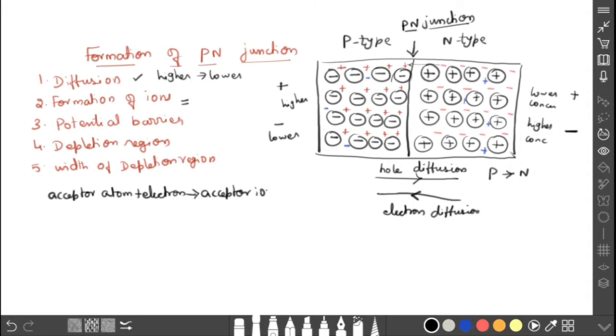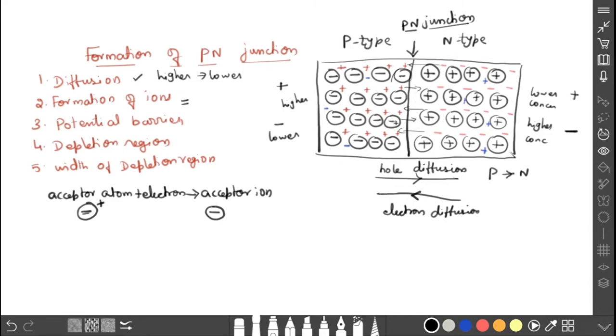Acceptor ion. So what is that acceptor ion? Ion means without holes, because the electrons are already combined. Acceptor atom means we have to draw the negative symbol with holes, but acceptor ion means only the negative symbol. Why? Because the electron is taken by the acceptor atom, so it becomes the acceptor ion. So all electrons will come like this, and the holes will go like this.